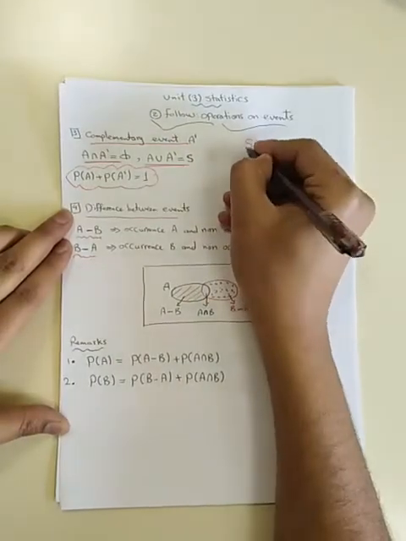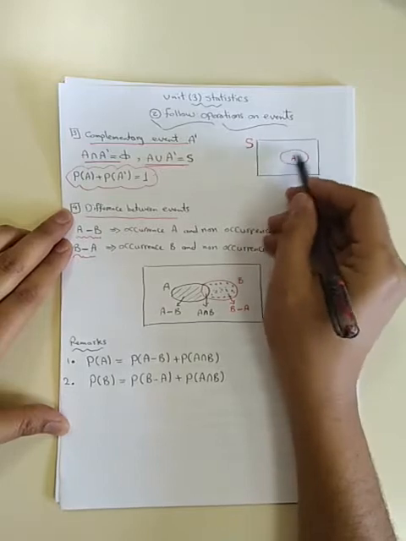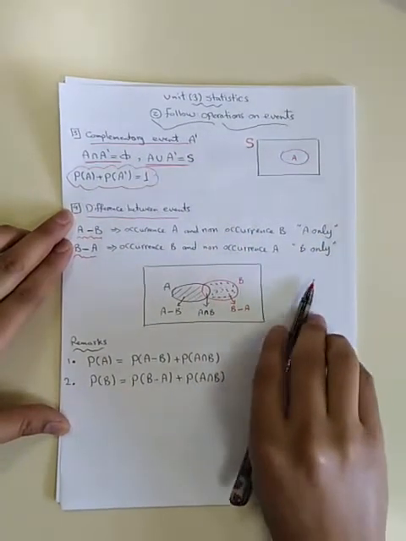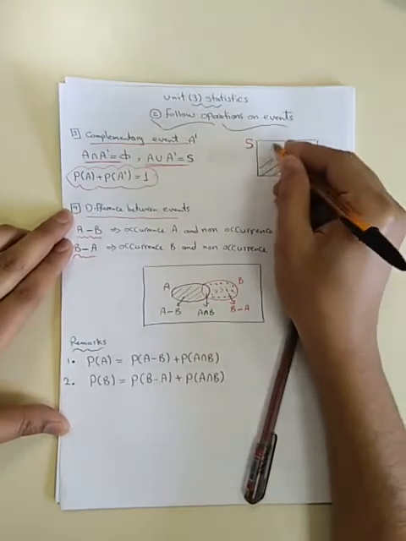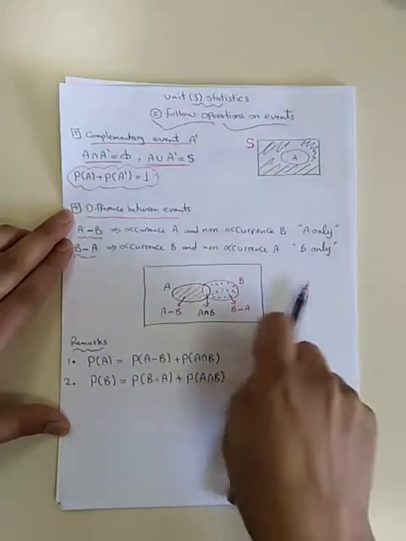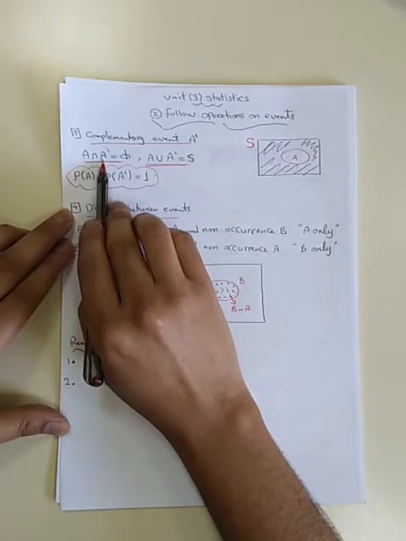In the sample space, if we have an event denoted by A, then the complementary of A is the non-occurrence of A. That means A and its complementary, denoted by A dash.